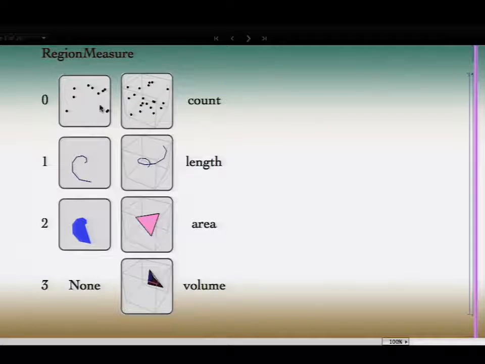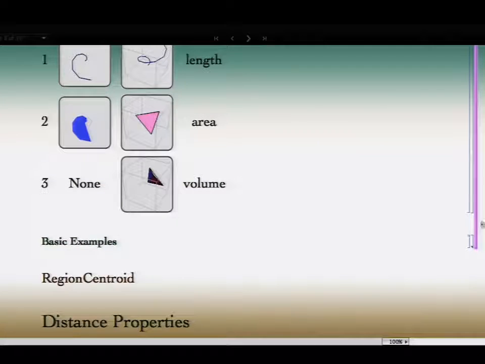And so here is the picture of, for a curve, we call it length. For a 2D region, we call it area, and for 3D, we call it volume. And also, that generalizes to zero-dimensional regions, in which case the measure is known as count. But it generalizes higher too.